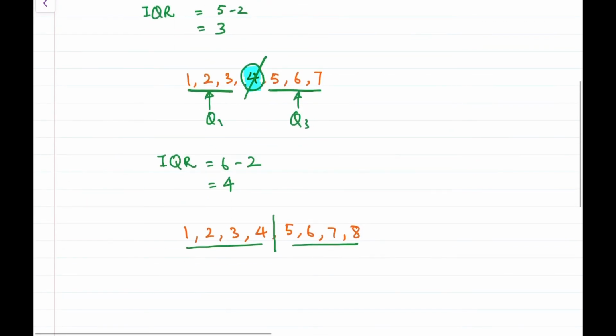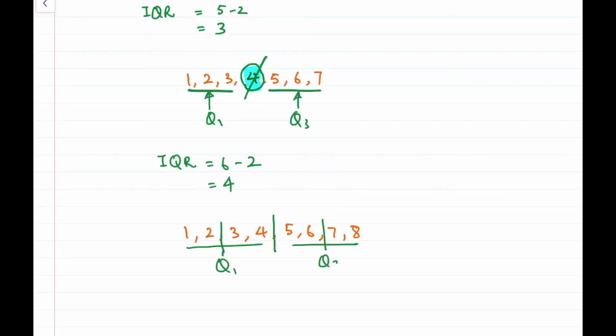In this case you will see that there is not one datum in the middle, but instead there are 2 data. It's actually simple, just like how you find the median here. How I would find the median is 4 plus 5 and then divided by 2. Here also the same way, your Q1 will be in between here, and then your Q3 will be here.